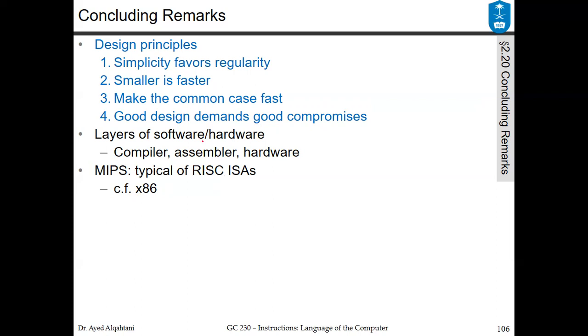Basically, and this is my own opinion, the ISA of the ARM processor or Apple is better than Intel, which is the x86. And even Intel is trying to move away from CISC and getting to RISC.